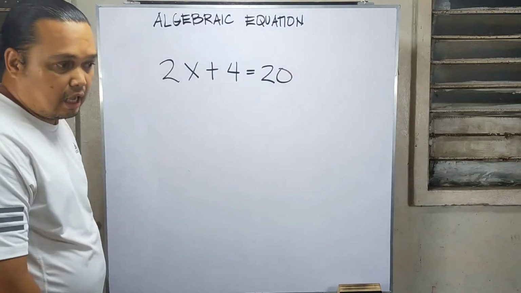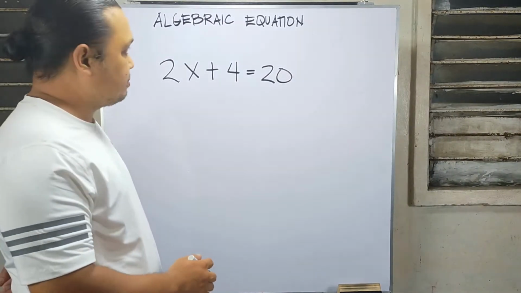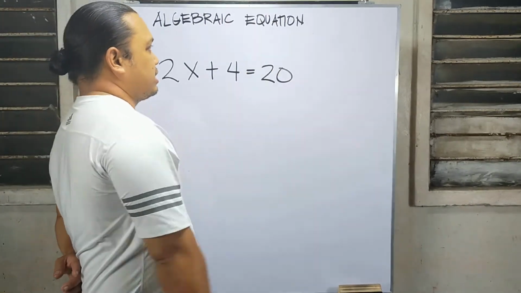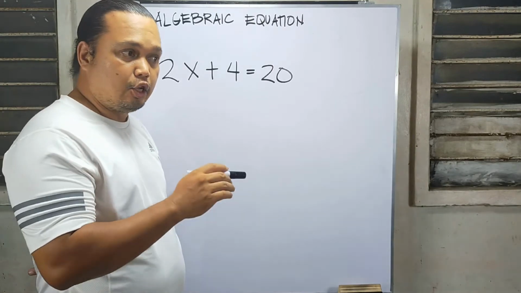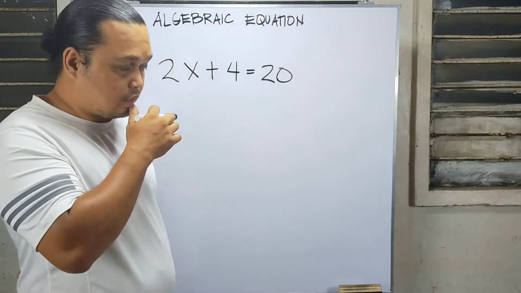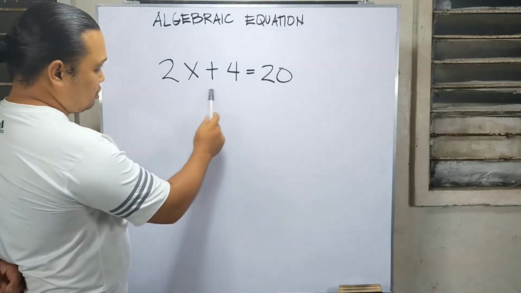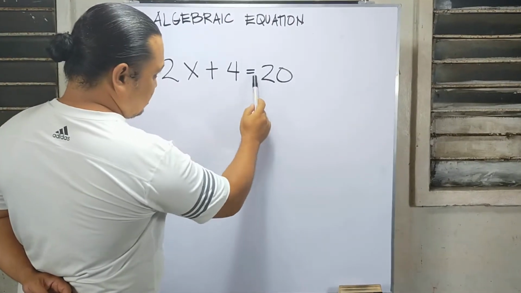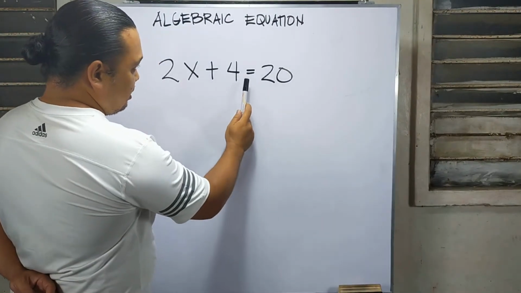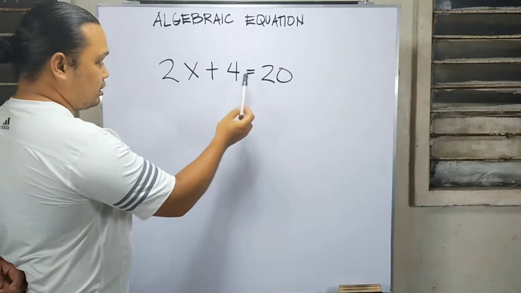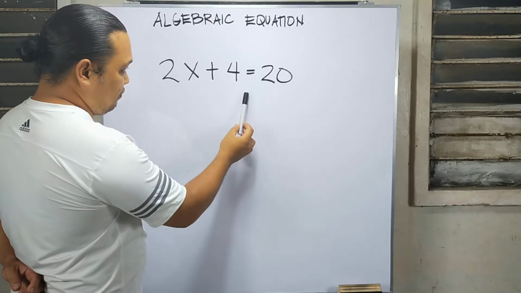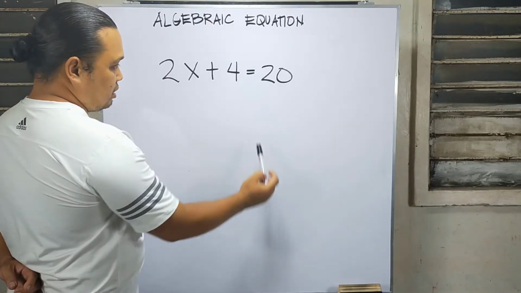Now, an algebraic equation is a mathematical sentence which shows that the two expressions from both sides, that is left and right of the equal sign, are equal. So this equation shows that the left is equal to the right.